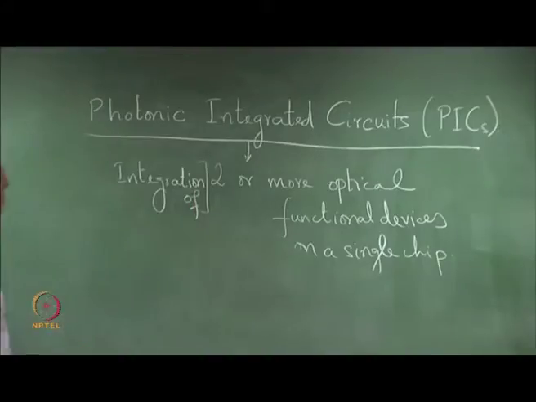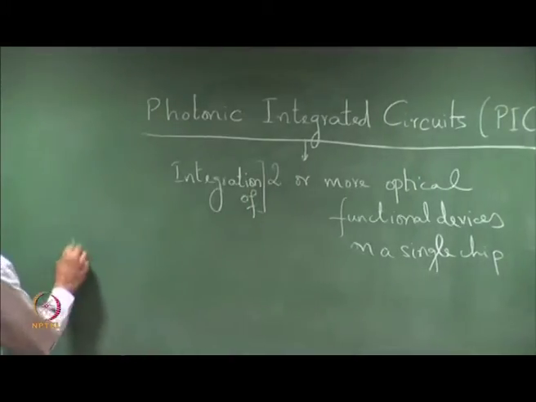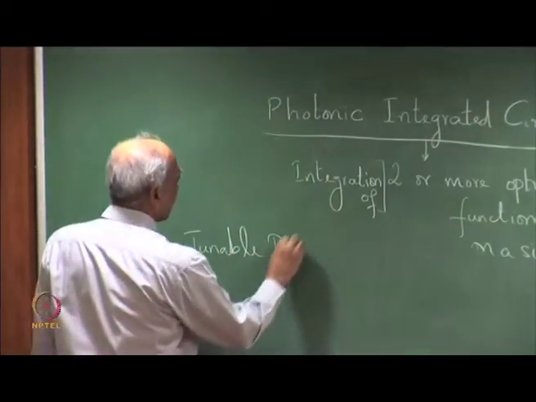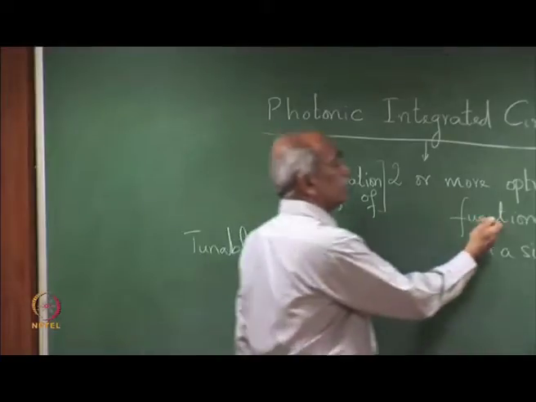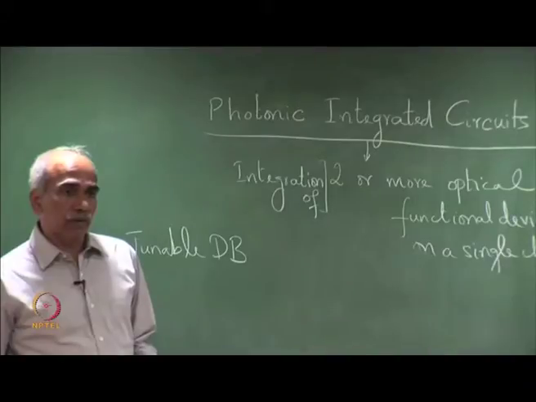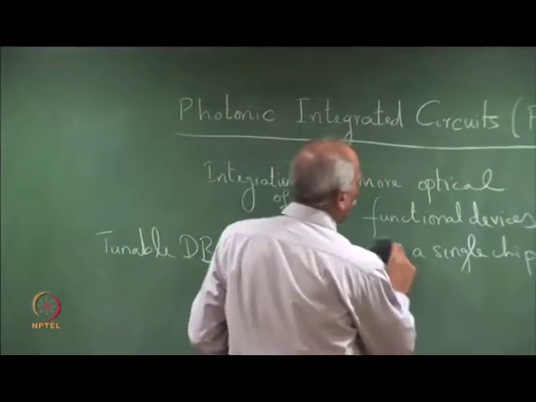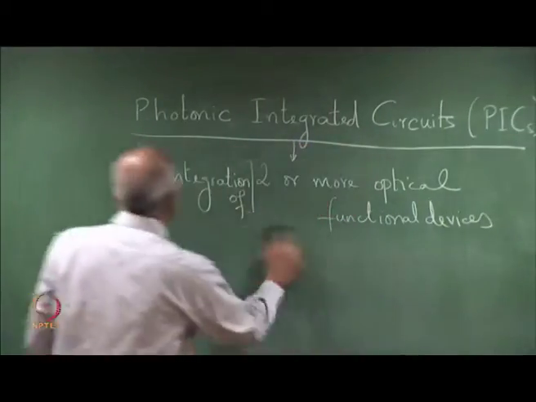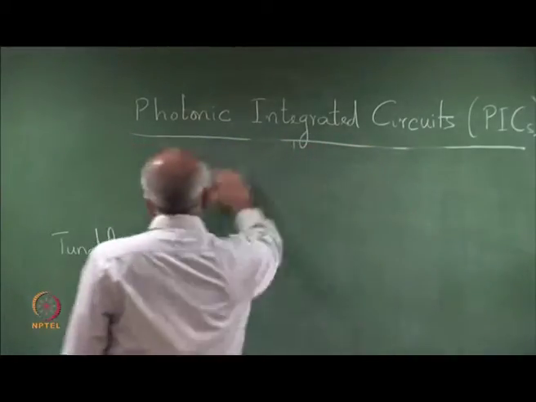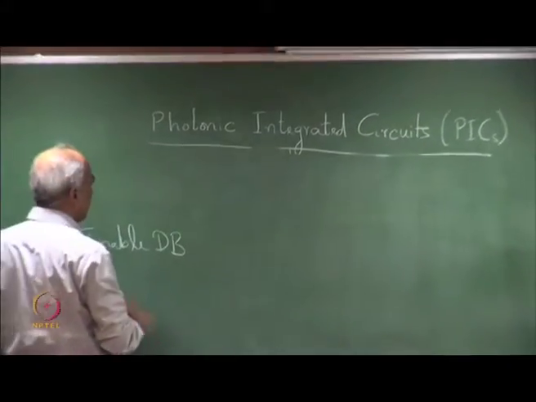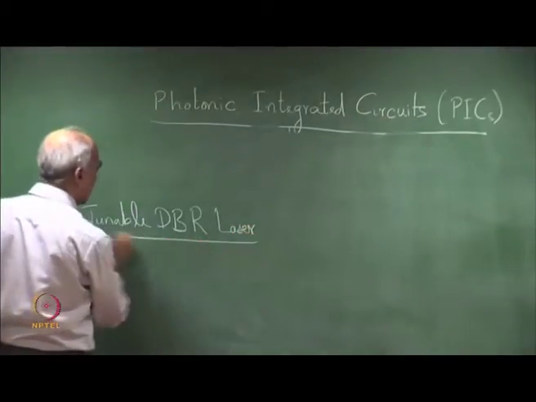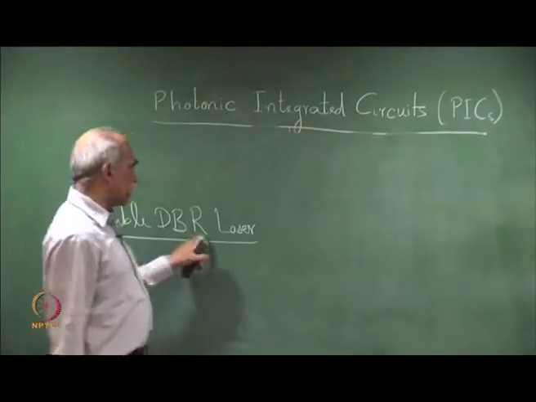A simple example would be a tunable DBR laser, because the functional elements could be passive devices or active devices. We have already discussed the DBR laser, the distributed Bragg reflector laser.